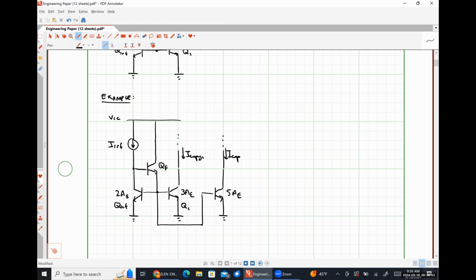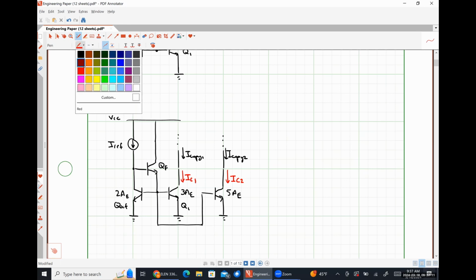This current was I copy 2. And I'll go ahead and label the currents that we'll be paying attention to here. So this will be IC2, IC1. Actually, I've been using blue for currents.